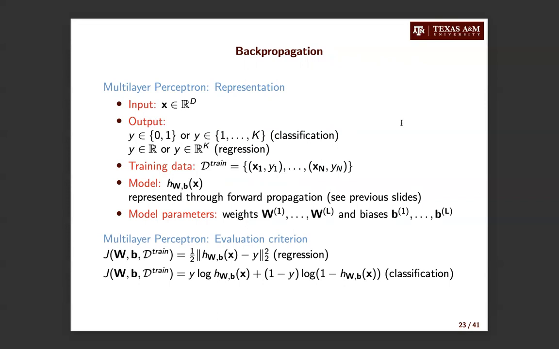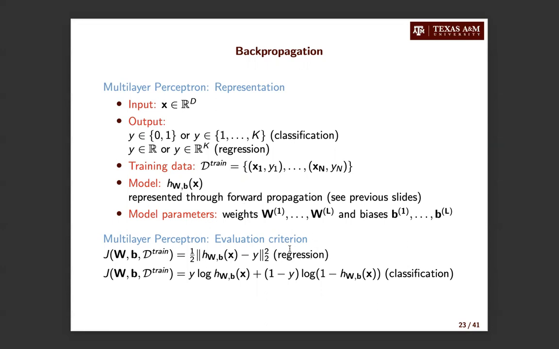We're going to first describe the criterion that can be used in either a regression case or a classification case in order to optimize the weights and basically learn the weights of the networks via backpropagation.